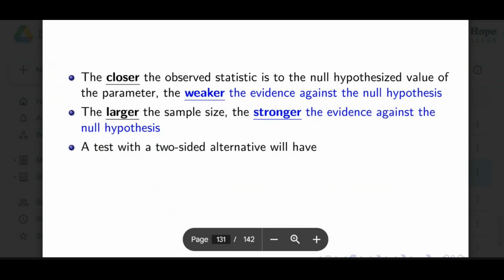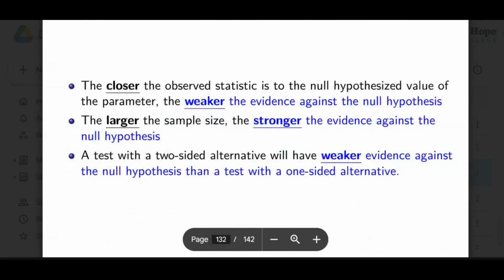From considering just one set of cases, now you go to two sides, your p-value goes up, so your strength of evidence will go down. Changing to a two-sided alternative will have weaker evidence against the null hypothesis.